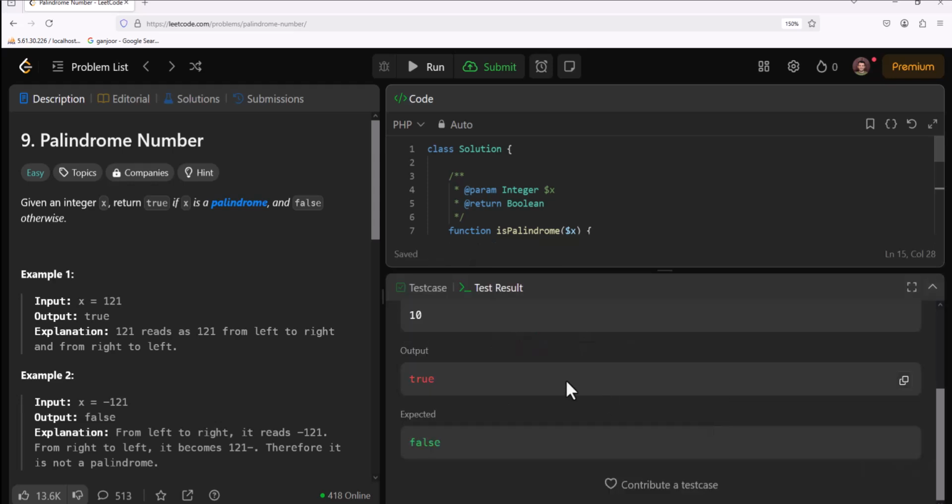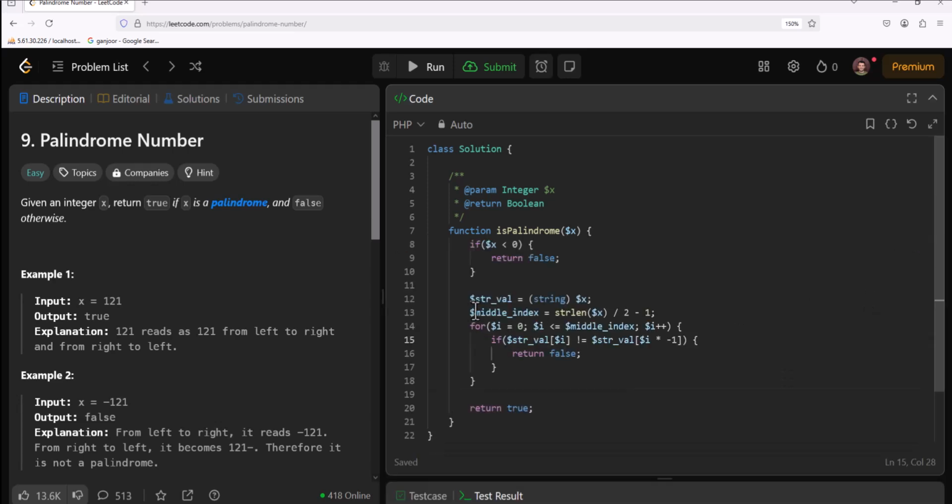Okay, what's going on here? Expected false. Middle index, strlen of 10 would be 2. Divide by 2 will be 1, and 1 minus 1 would be 0.